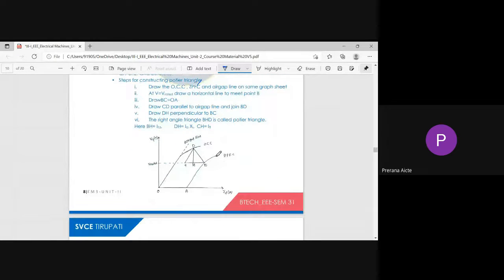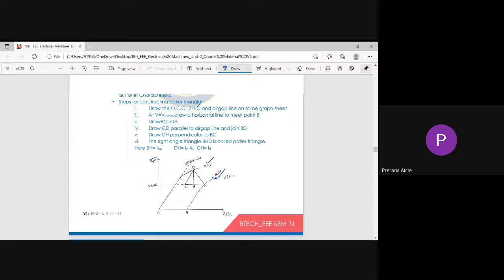The ZPF characteristic is drawn between field current and terminal voltage of the alternator. Another curve is the OCC characteristic.